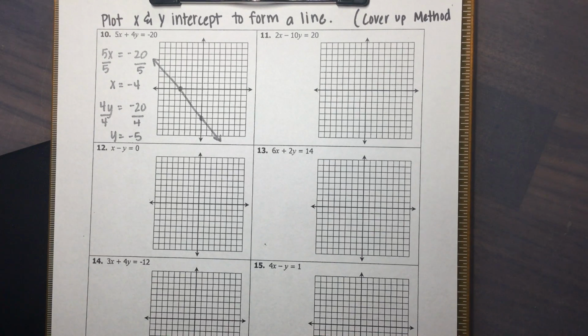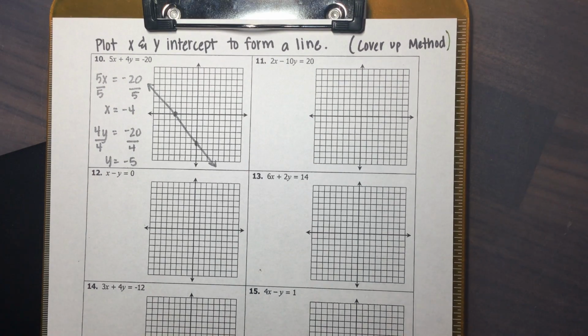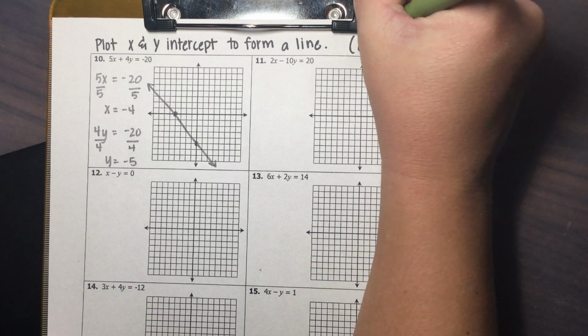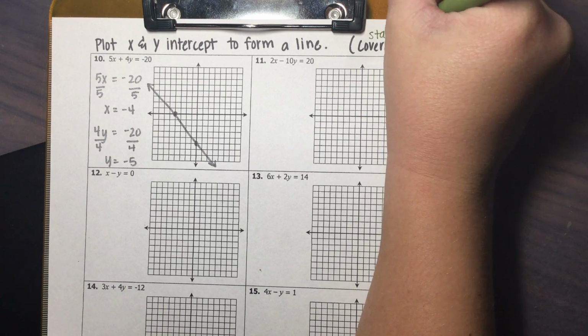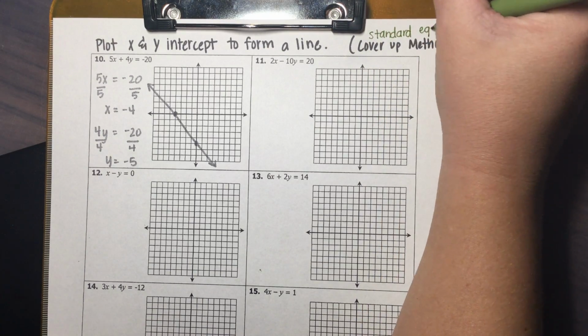Okay, it says, plot the x and y intercept to form a line. We're going to use the cover-up method. All right, the reason we get to use the cover-up method is because this is a standard equation.